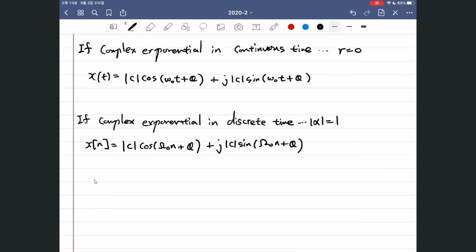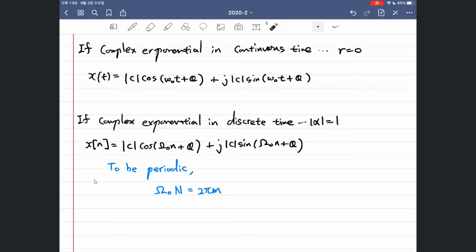To be periodic, as we already studied, omega 0 n should have the following relationship, which was omega 0 n should equal a multiple of 2 pi, where both n and m should be integers.